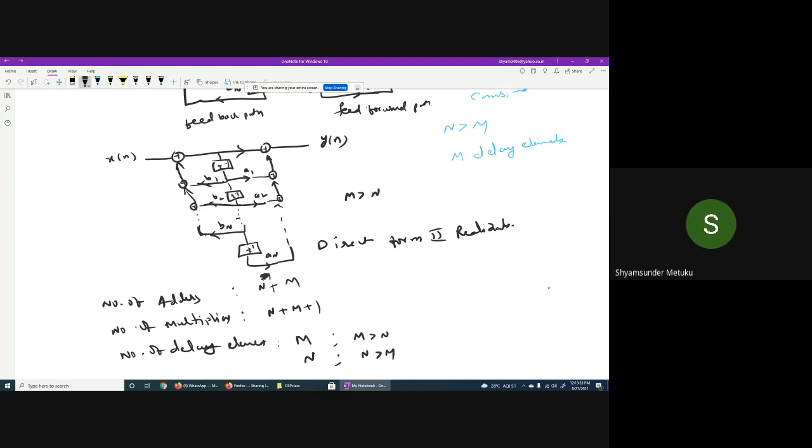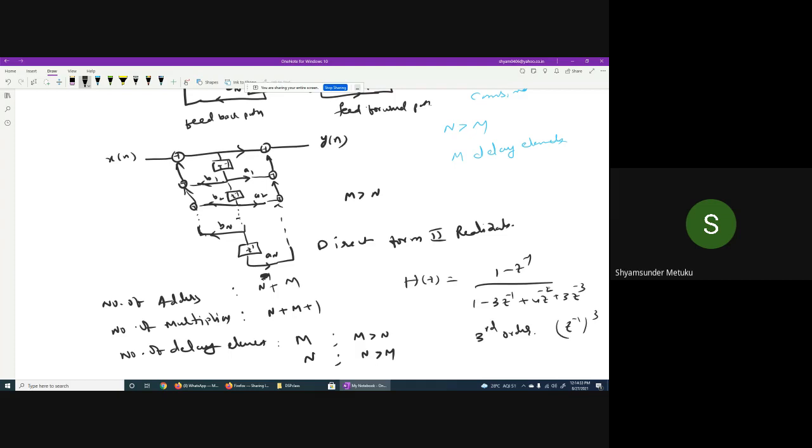Now, if you write something like this, H(z) equals 1 minus 3 z^-1 plus 4 z^-2 plus 3 z^-3, how can you say what is the order of this particular z transform? Can I say third order? Because whatever the maximum power of the z^-1 term is, that is the order.